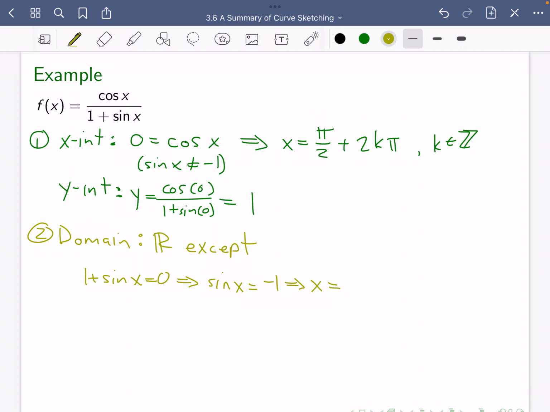So x is equal to 3/2 pi plus 2k pi. So everything except for 3/2 pi plus 2k pi.